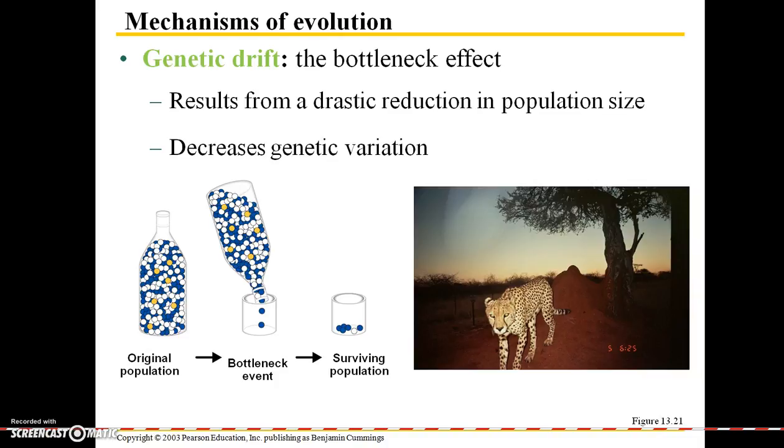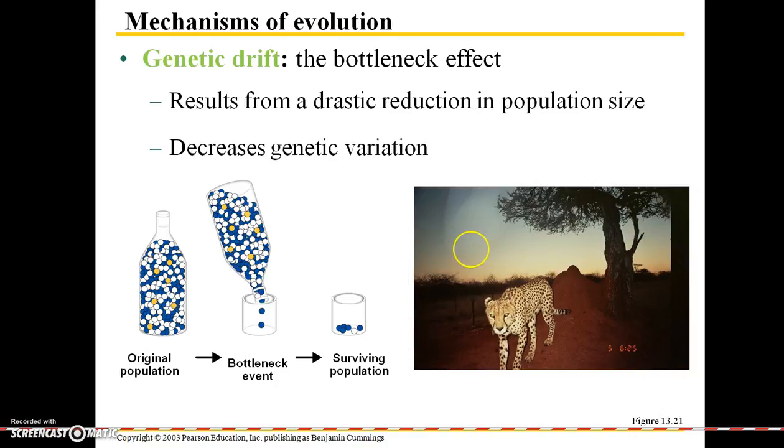An example of this is the modern-day cheetah. Researchers have been able to look at their genome and determined with pretty good accuracy that there was a period of time in this animal's evolutionary past in which they underwent a genetic bottleneck event. So they used to be a lot more numerous.